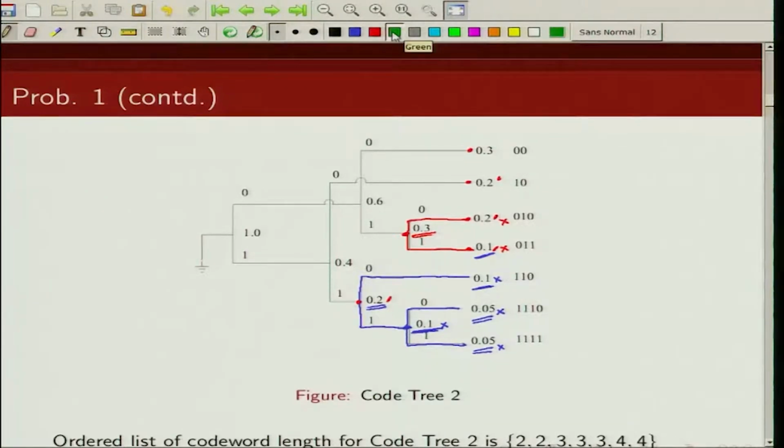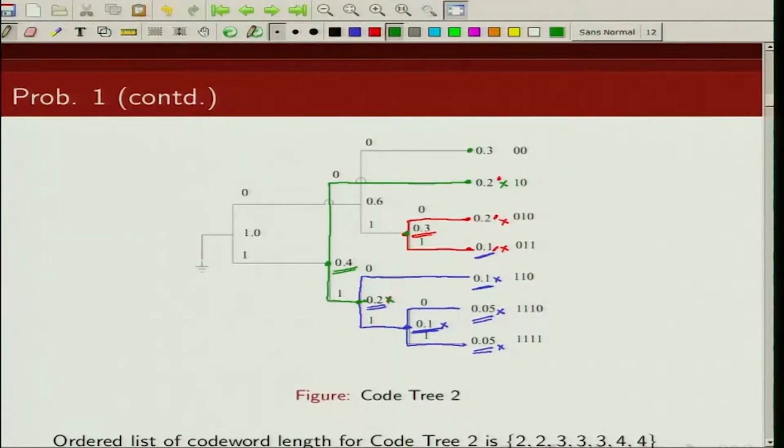The active nodes at this point are: this one probability 0.3, this one 0.2, this one 0.3, and this one 0.2. So we combine the two nodes with probability 0.2, get a new node with probability 0.4, and deactivate these two nodes.